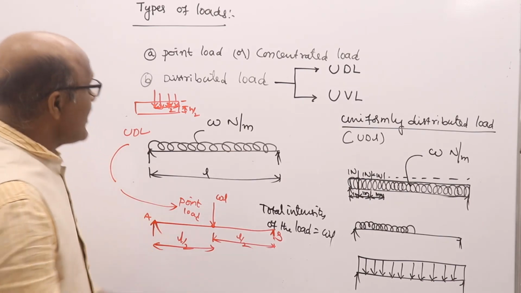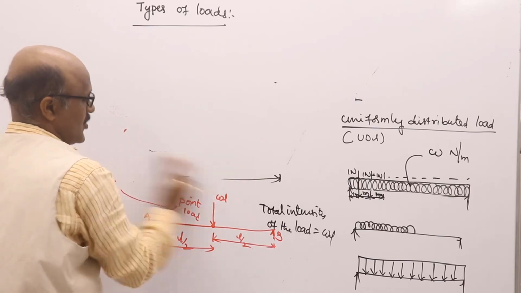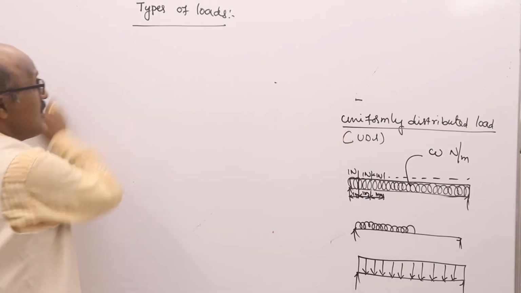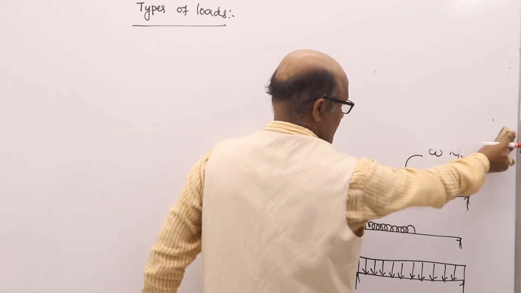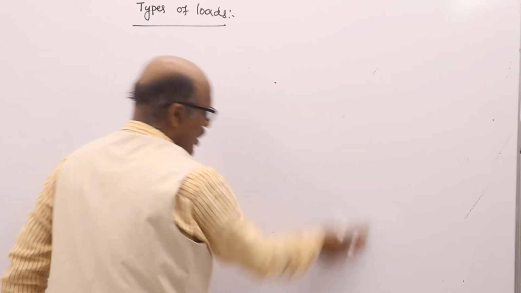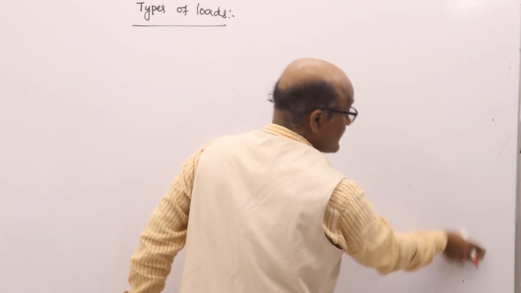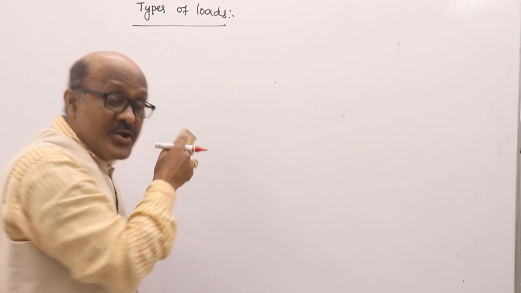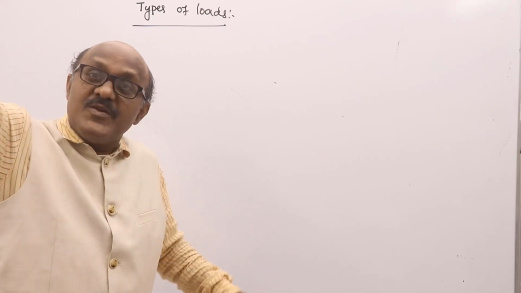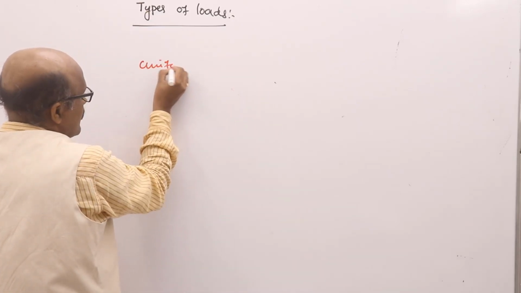Okay. The next one is uniformly varying load, my dear students. So what is uniformly varying? In the previous case the load is distributed uniformly, but in this case the load varies uniformly.